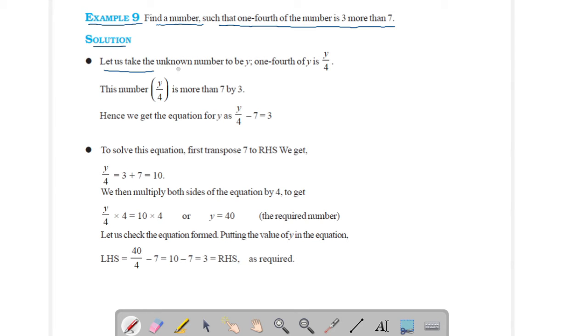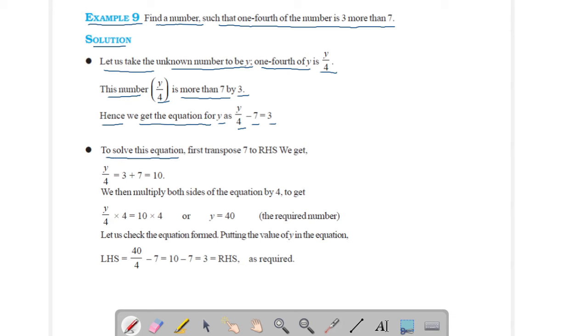Let us take the unknown number to be y. 1/4 of y is y upon 4. This number y upon 4 is more than 7 by 3. Hence, we get the equation for y as y upon 4 minus 7 equal to 3.